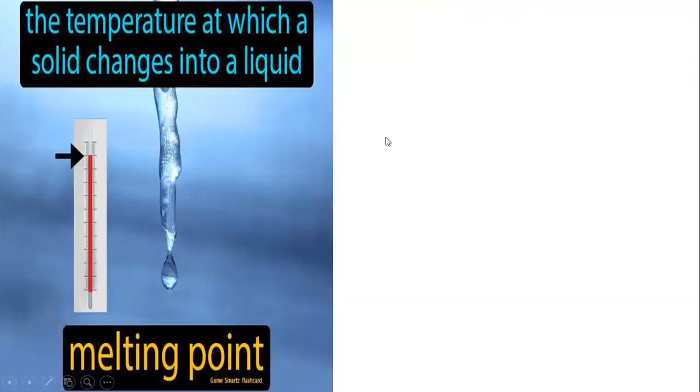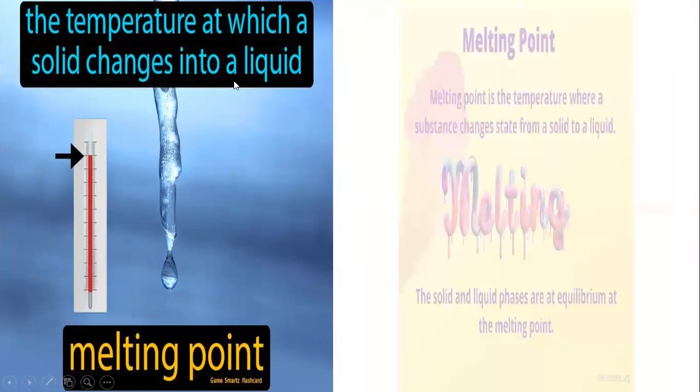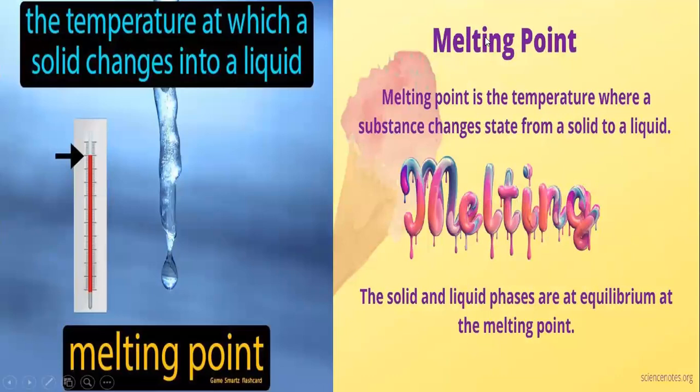Now we will talk about melting point. It's another physical property of matter. It's the temperature at which a solid changes into liquid. Melting point is the temperature where a substance changes state from a solid to liquid.